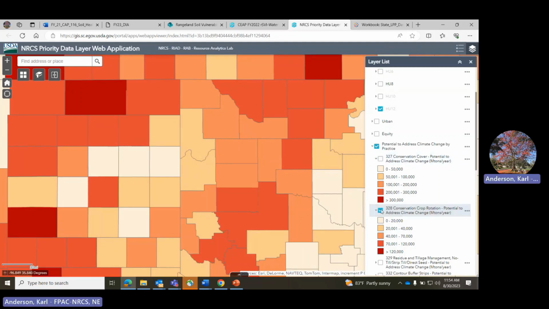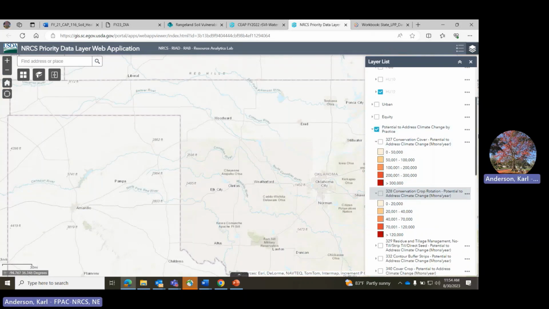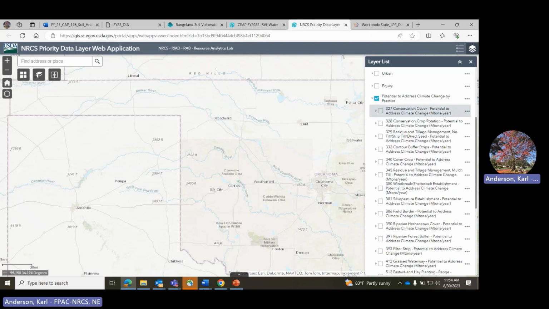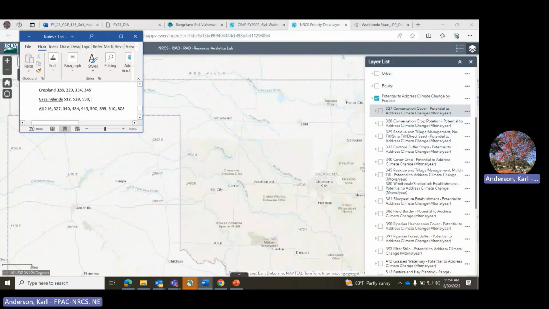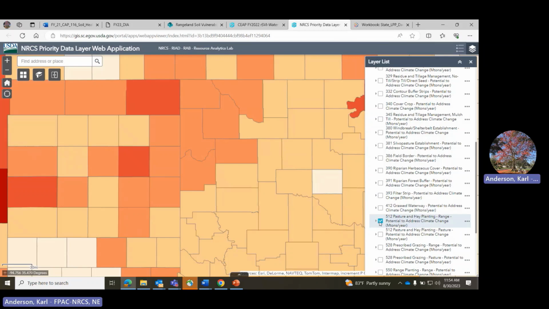So this is just looking at conservation crop rotation. It's not going to be a very good indicator. Let's go ahead and click that off, close these up. Let's go back and look at some of these practices that are most applicable on grazing lands, 512, 528, and 550. So let's go down here to 512. I'm going to do it on range acres.